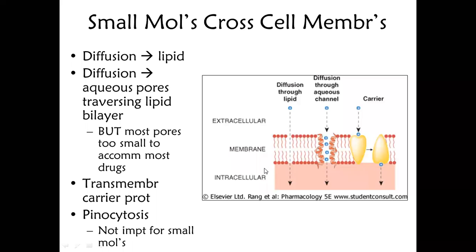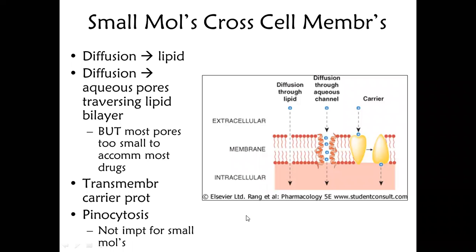So that is the carrier mediated transport that takes place through the cell membrane. So this is called the membrane transport through which the drug gets crossed into the cell cytoplasm.